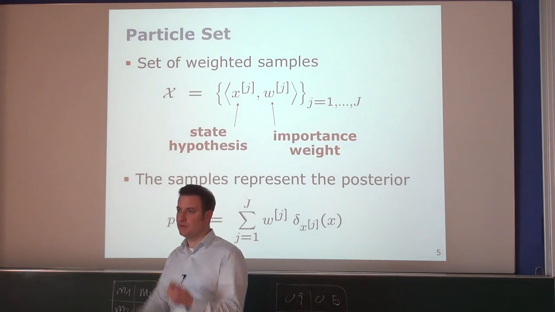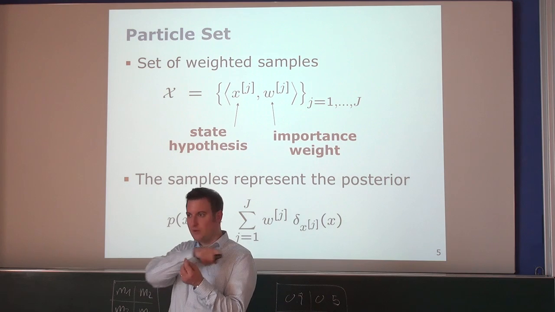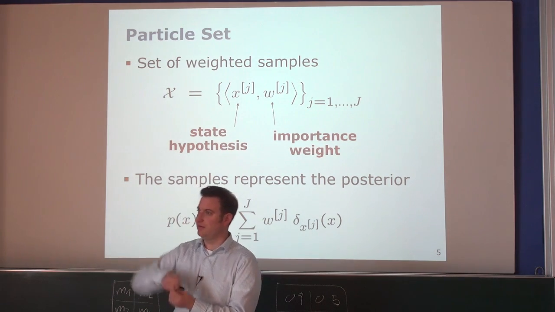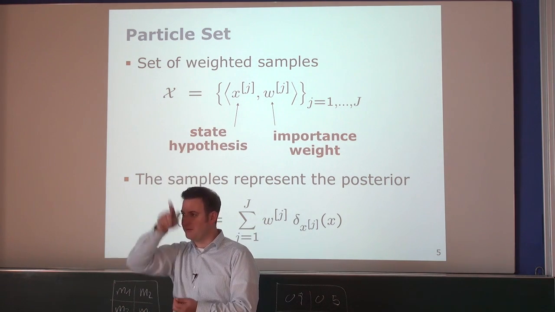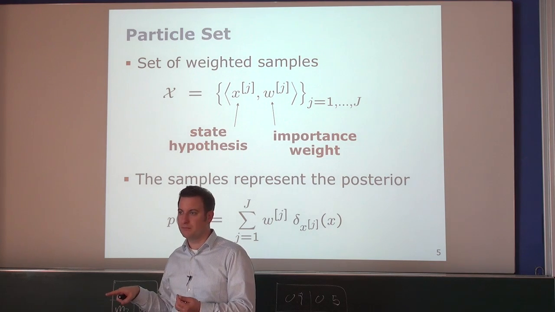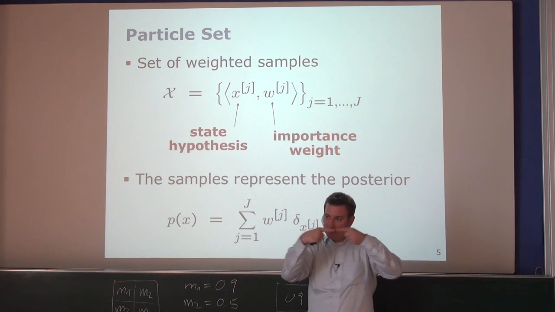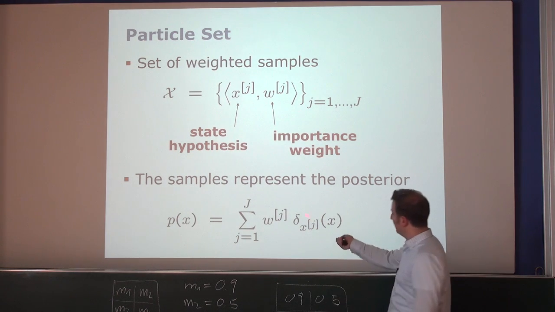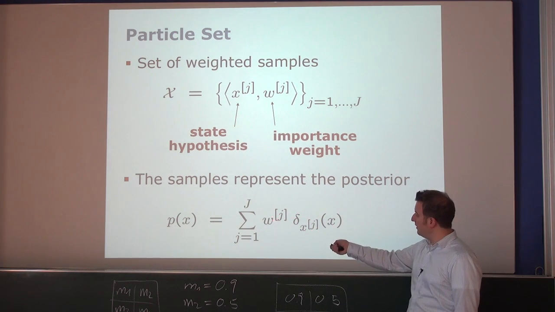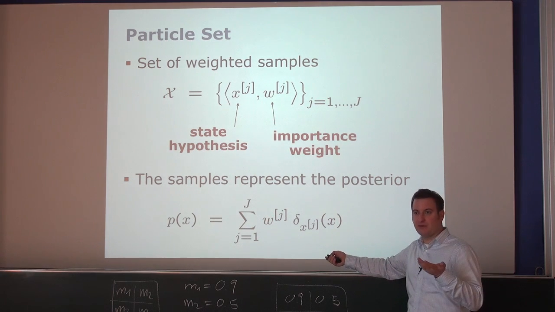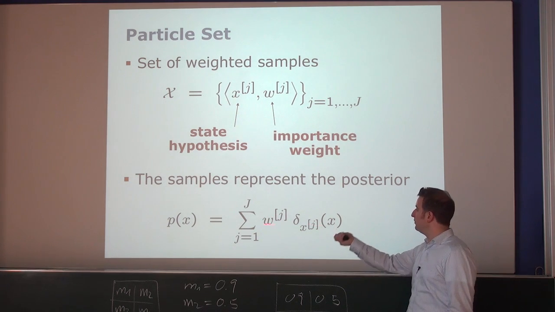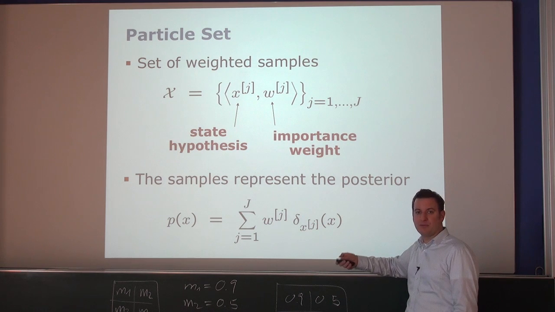Again, a Dirac distribution is 0 outside the state, it's infinite at the state, but the integral is 1. So it's extremely narrow, and if the samples are normalized, it means the sum of all weights is 1.